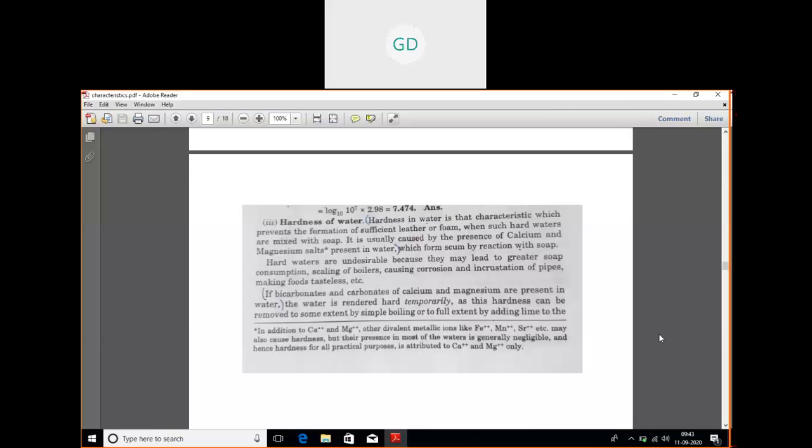When you use that water, sufficient formation of foam or lather will not happen. That is the characteristic, and that is the time when you can say that the water is hard. And why does such hardness happen?